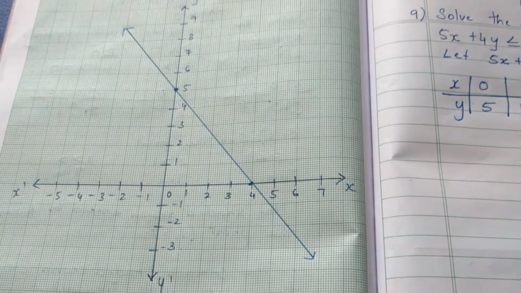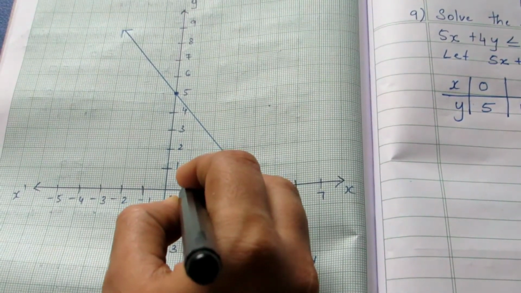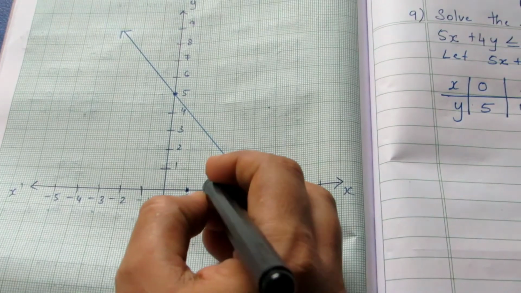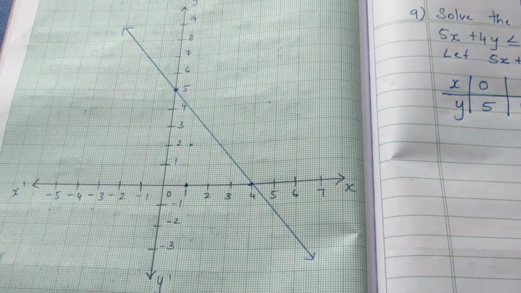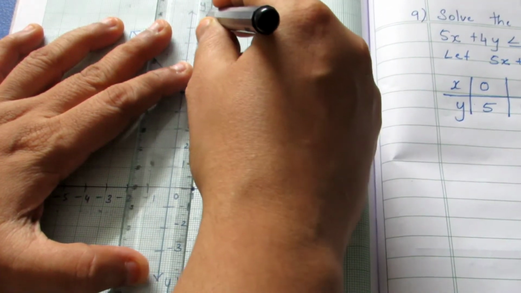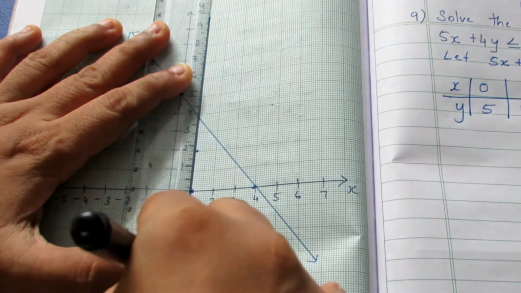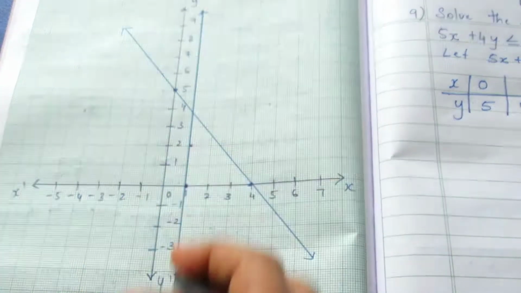Now for the second one, (1, 0) and (1, 2). So this is the graph for the second equation.